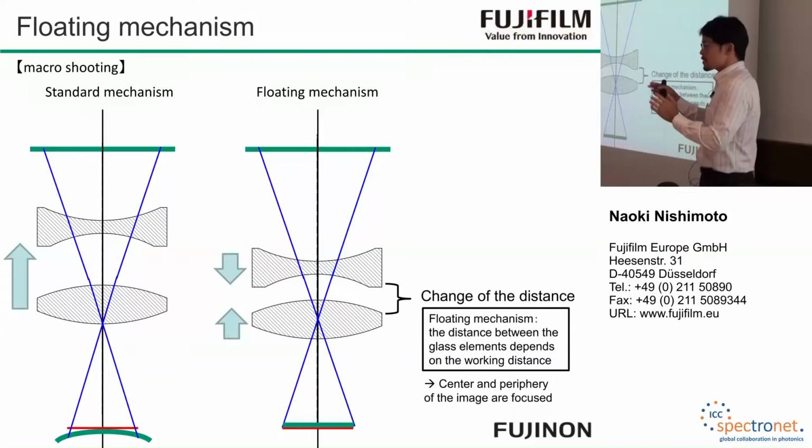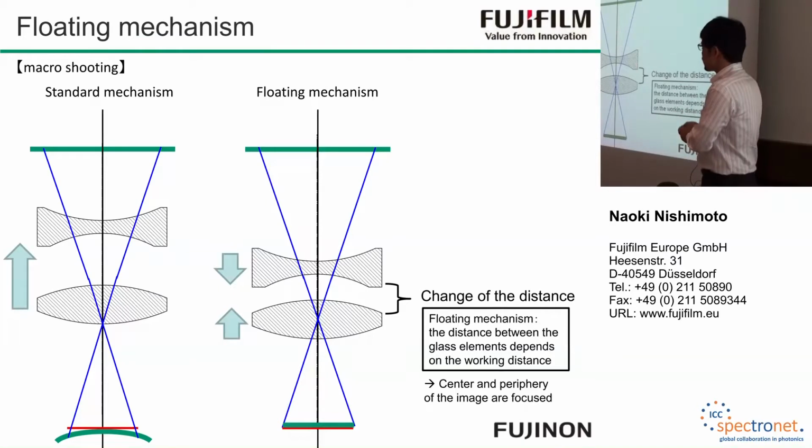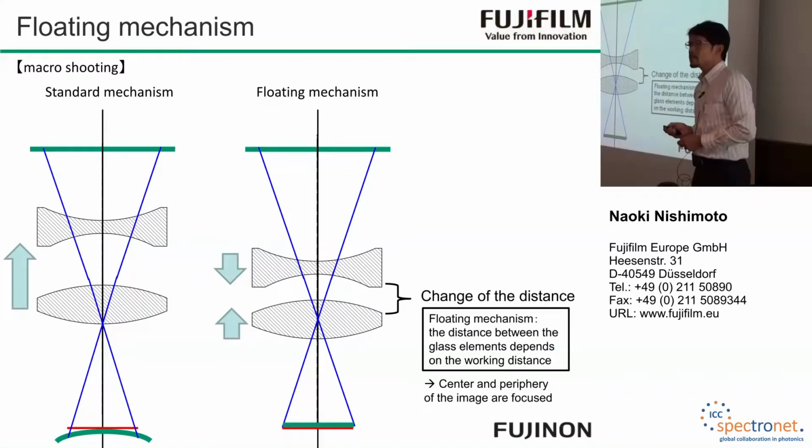Once this distance does not have high accuracy, the floating lens loses its performance. So if we use a floating lens, then we need to use a camera which has very accurate flange back length. This is the point to use a floating lens.